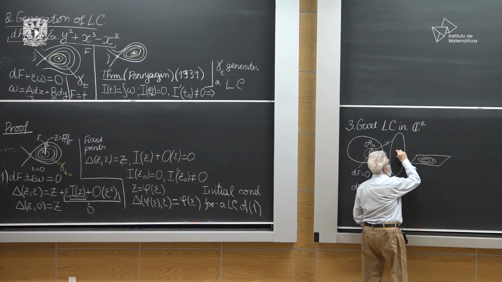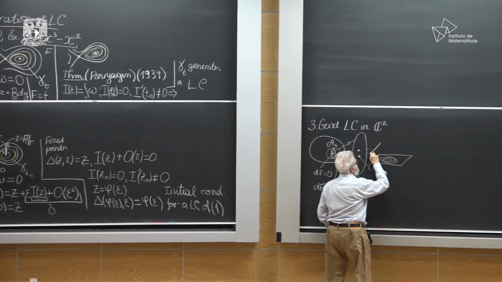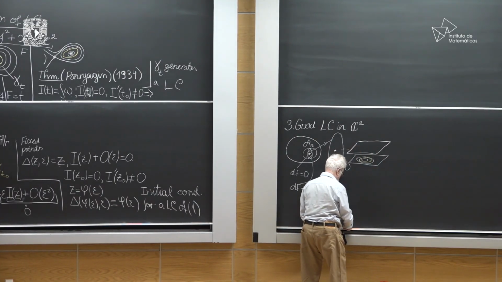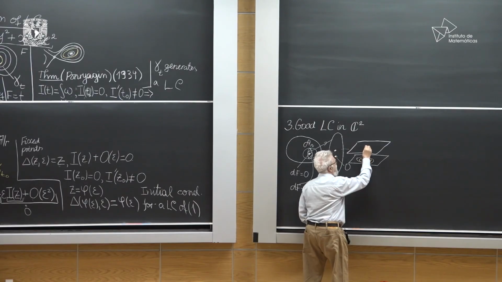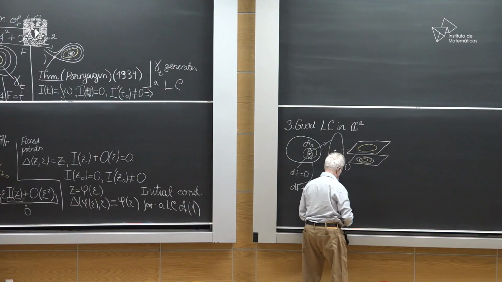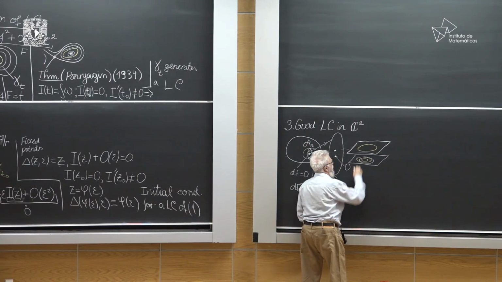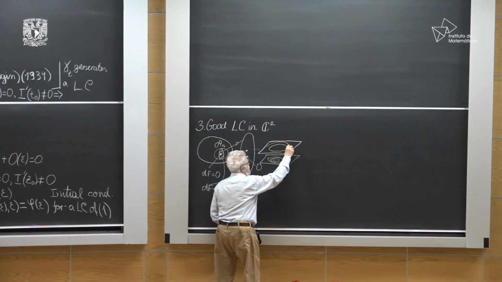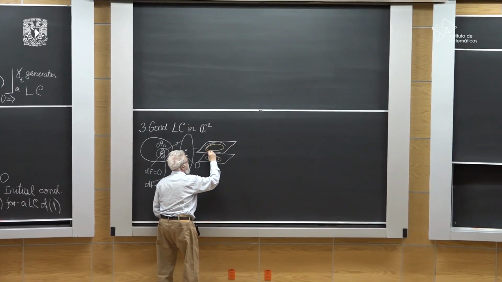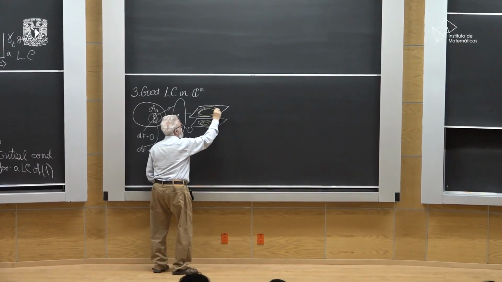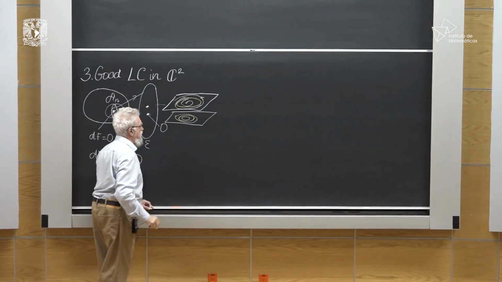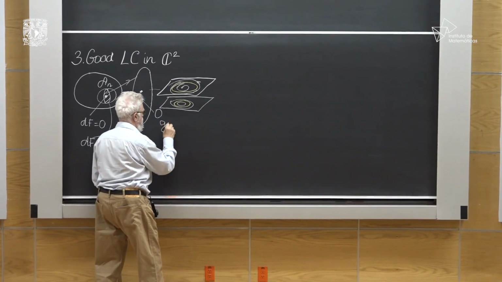And for this value of epsilon, we have an actual limit cycle and these cycles are good. Good cycles.